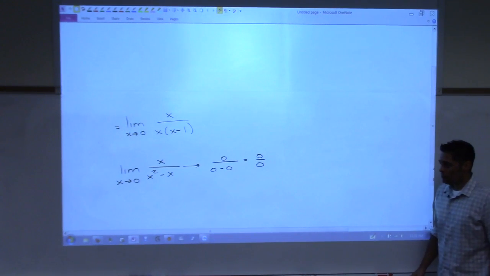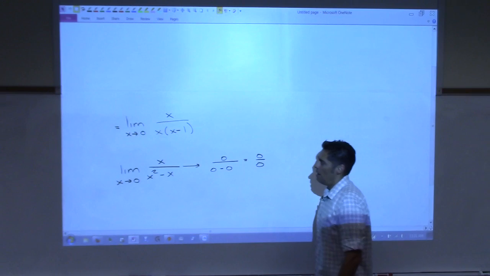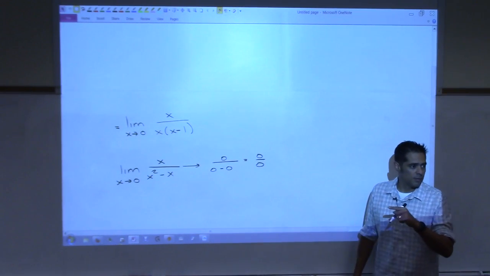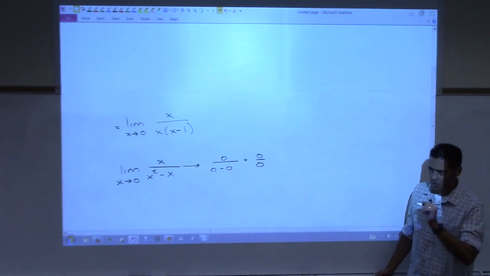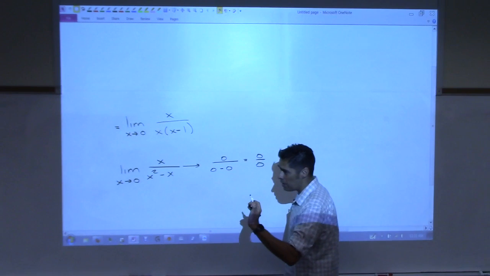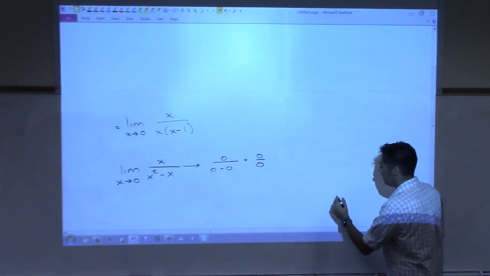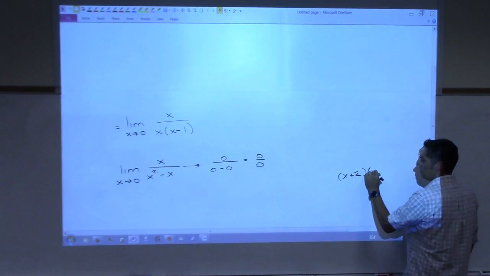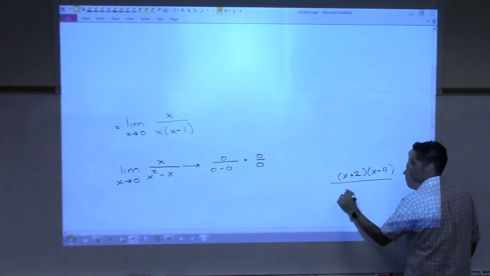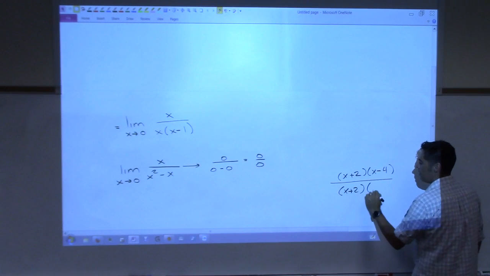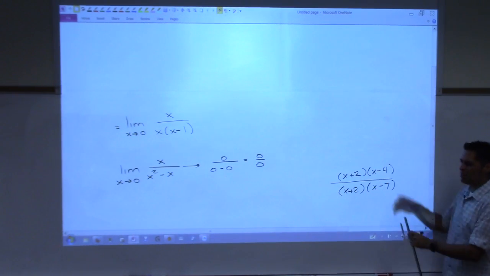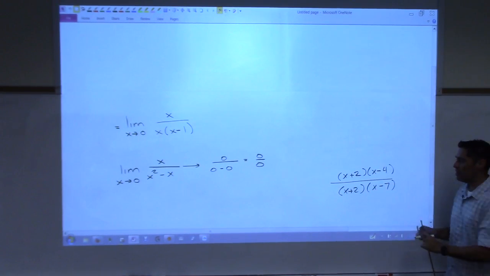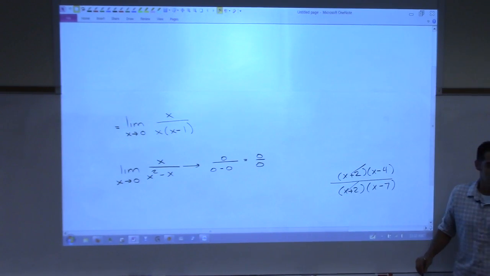Okay? Now, I am allowed to cancel those x's. Now this is something that may have slipped by in college algebra, so I want to be very clear on this. When we've done this sort of thing in college algebra where you had like x plus 2, x minus 4, over like x plus 2, and then x minus 7, let's say. Let's say you had some rational function, you factored, you got this, and then we always go, we get to cancel that, right?